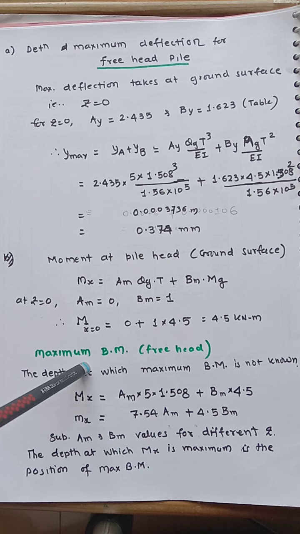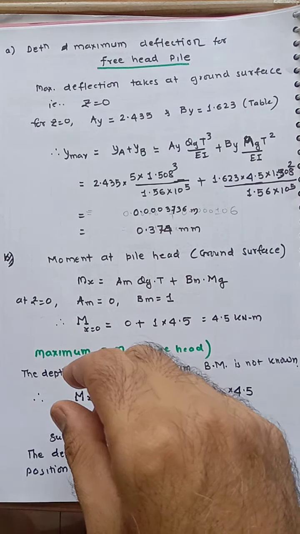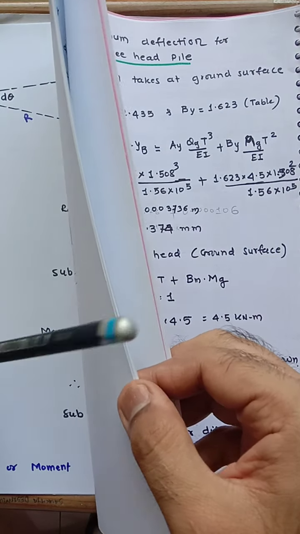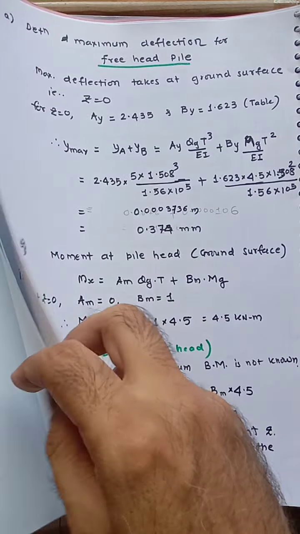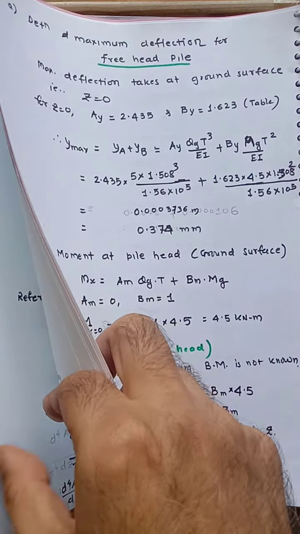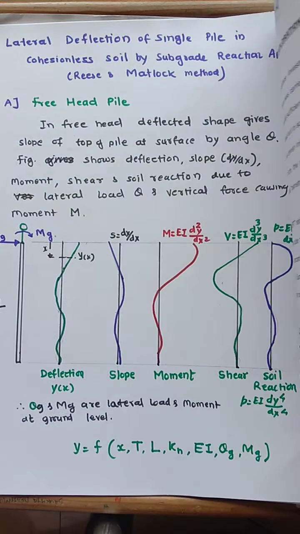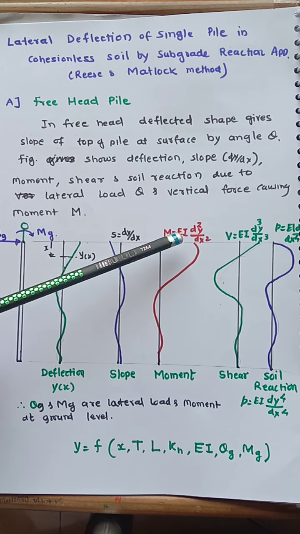Now the maximum bending moment for a free head condition. The depth at which the bending moment is maximum is not known, because of the variations we have seen earlier in the very beginning part, how the moment varies.